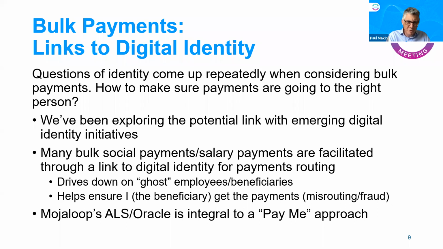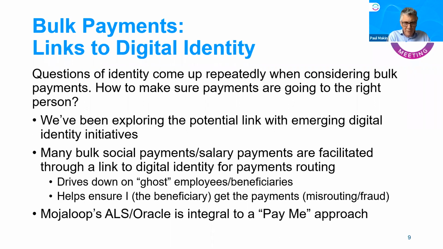Ideally, we'd like to move to a pay me approach as opposed to pay my account. So I provide my identity, and that is linked to my DFSP and my DFSP account, and it gets routed to me directly.